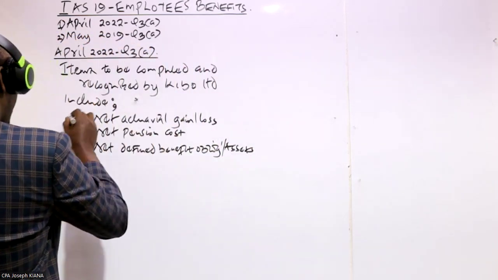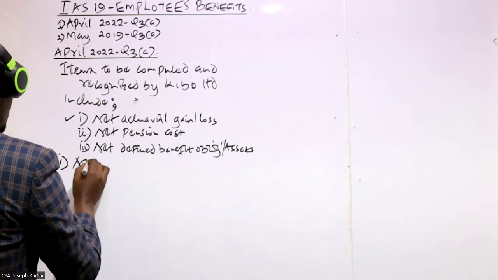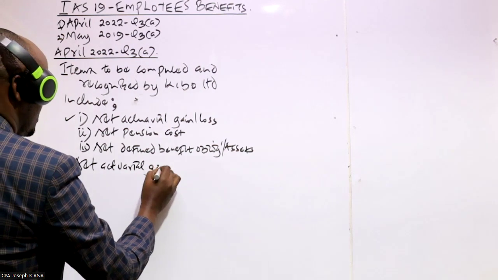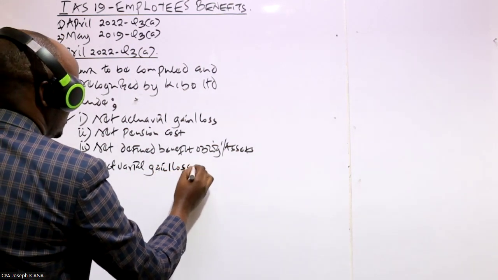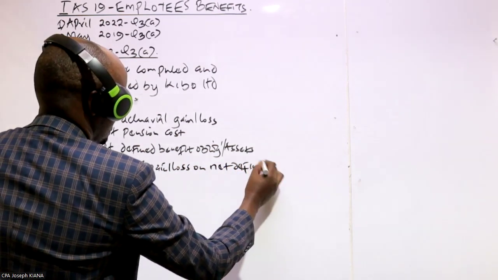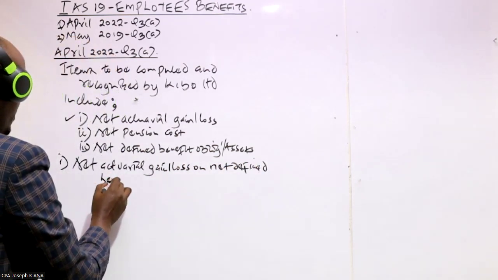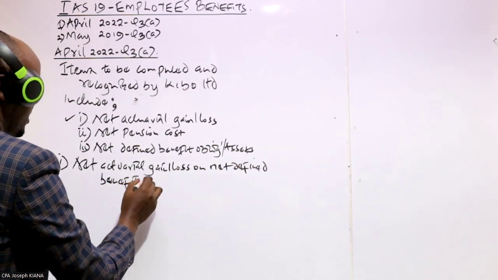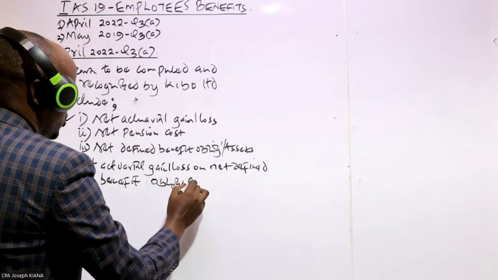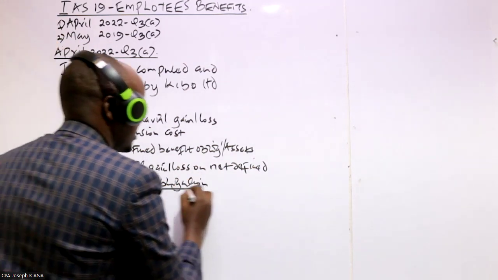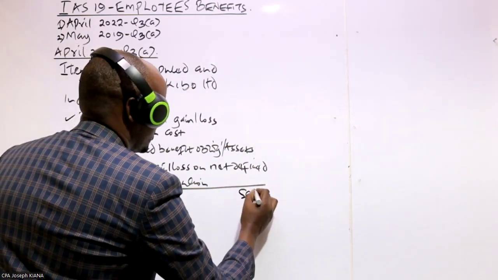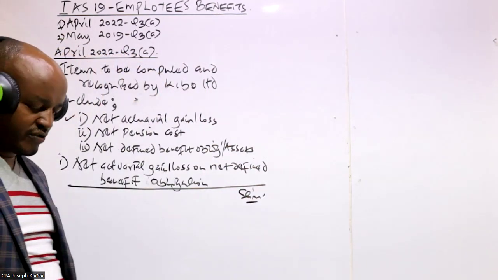So we start with the first one, and that is the net actuarial gain or loss on net defined benefit obligation. So basically, in terms of how we compute this, it's also important to note that our figures are in millions of shillings.